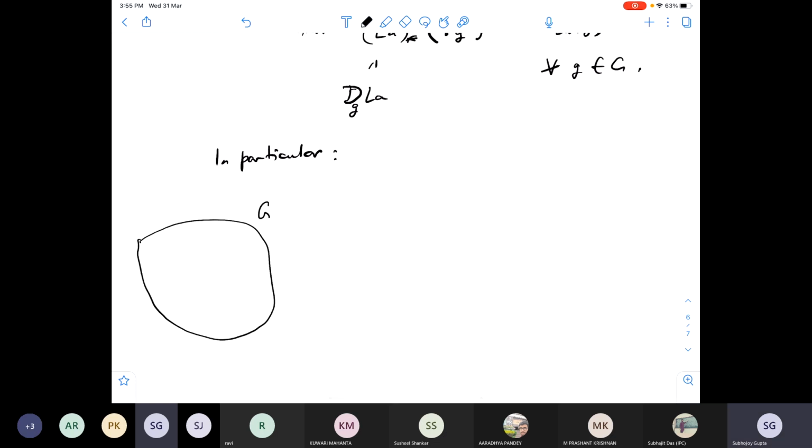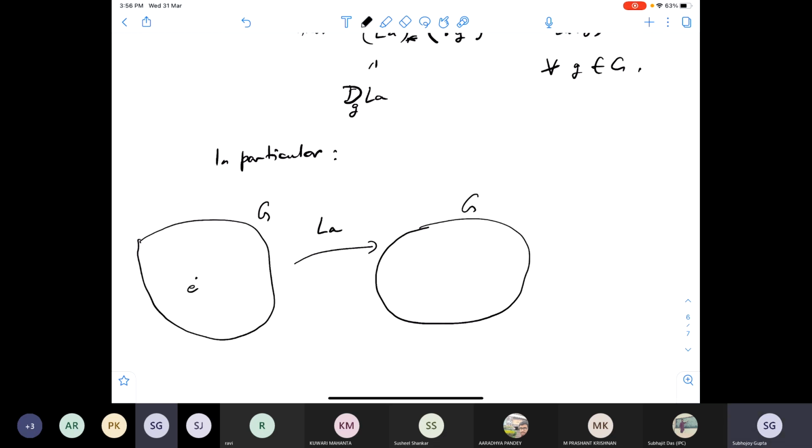If you have this Lie group G, you have these left translations. If I start with the identity element of the Lie group, then I can send that identity element to any element just by multiplying by some A.